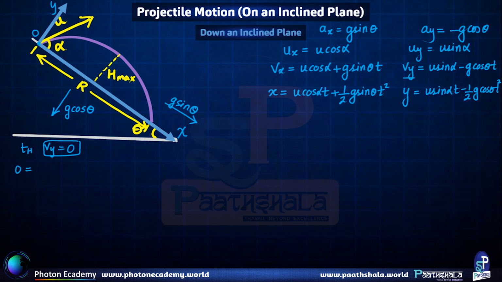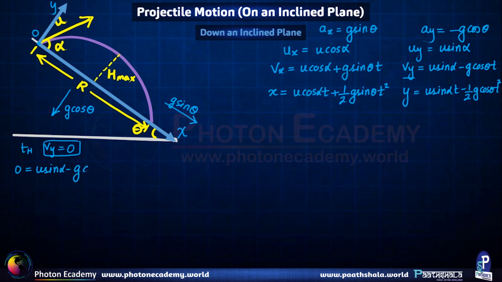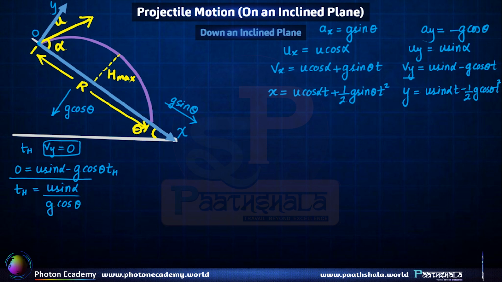Now here we can write t as the time taken to reach maximum height. So th happens to be equal to u sine alpha upon g cos theta. Curious that we get the same expression as the case for up an inclined plane.